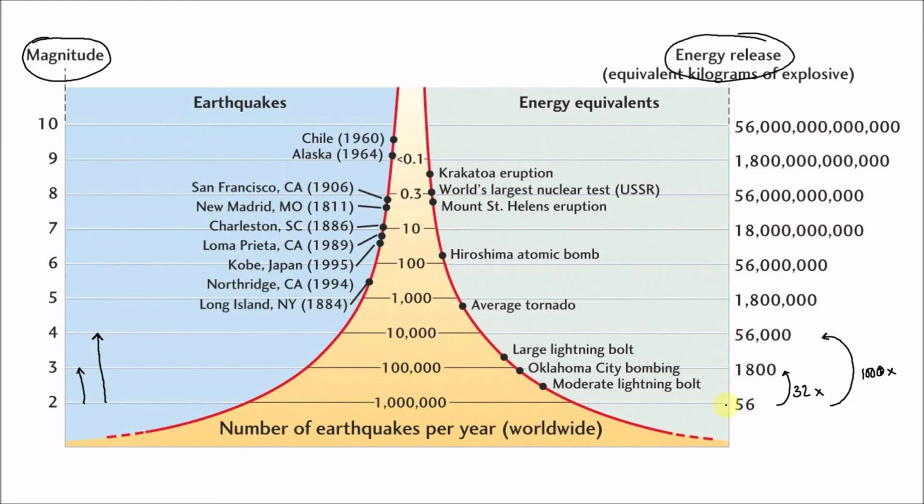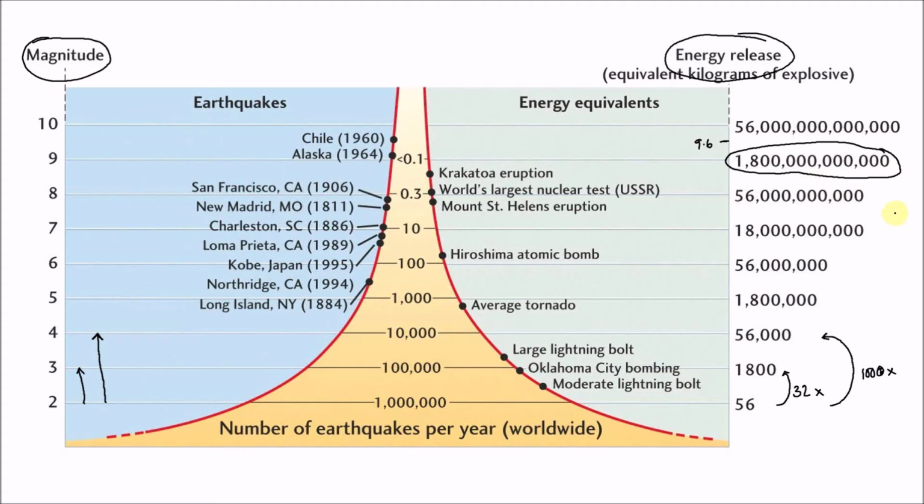So you can see that as we go from a 2 to a 3 to a 4, 5, 6, 7, 8, 9, bearing in mind our largest ever earthquake recorded was a 9.6, we are talking here about really, really significant amounts of energy.